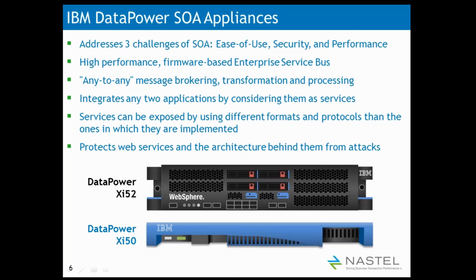But most importantly, the DataPower Appliance introduces what we like to call protocol-independent, high-performance message processing. And what that means is the business services that you use can be accessed using different formats and protocols than the ones in which they were implemented. So one example would be the use of the DataPower Appliance to add, let's say, a web service front end to a legacy application.